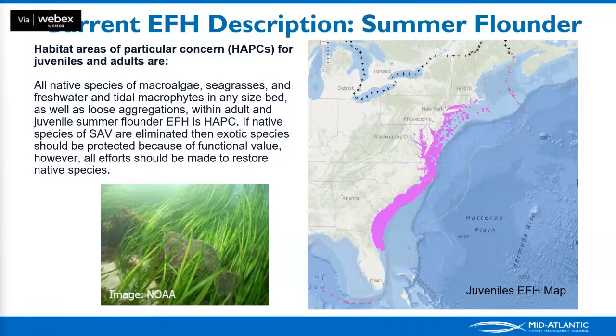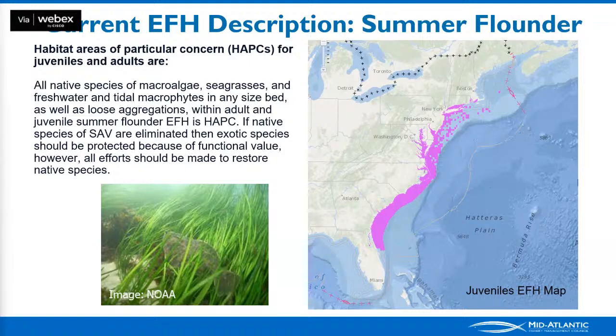So the nearshore boundary along where like the marsh edge would be was really kind of wonky in our original mapping. So in the EFH mapper that NOAA uses for consultations, they ran into issues when Army Corps would come in and try to drop a pin and say, is summer flounder EFH here? And the pin would fall in an area where our inshore mapping quality was poor. And so it would say it's not EFH when the intent was it probably was.